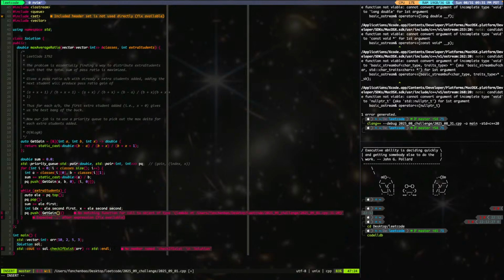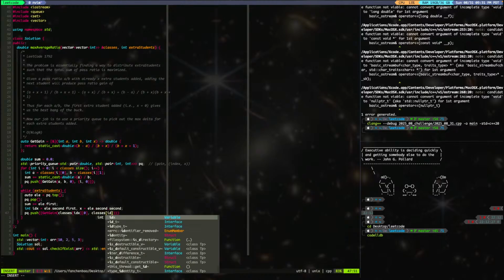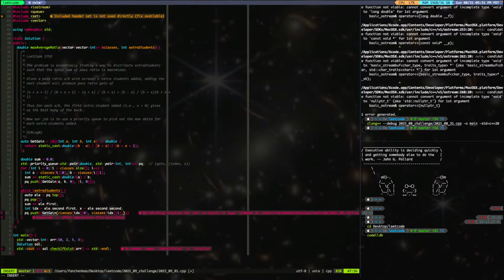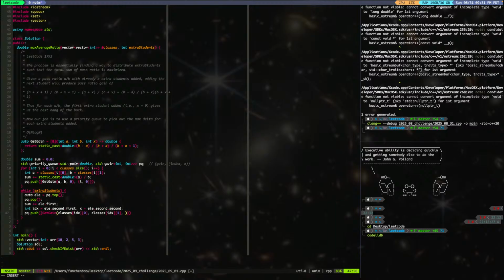So this is going to be classes[index][0], classes[index][1]. That's a, b, and x, then the next x will be x plus 1 because we're going to add a new one.